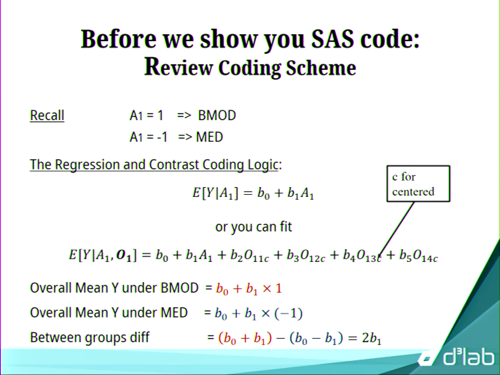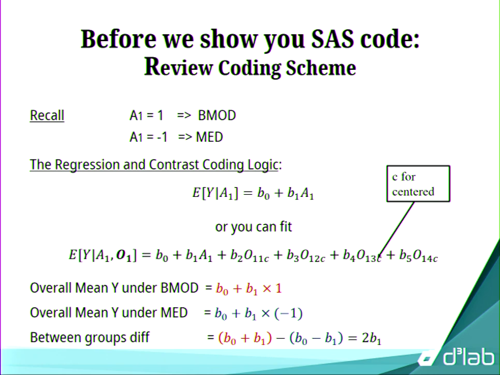So just take this model and replace A1 with 1, because this indicator gets 1 if the child was assigned to BMOD. And that's what you get: the intercept plus the coefficient for A1 times 1. This linear combination of the regression parameters would give you the expected outcome under BMOD. You're familiar with that type of thing? Okay.